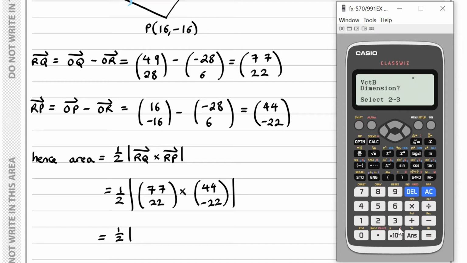Our next vector is 44, minus 22, and multiplying those vectors together, it turns out we get 0, 0, minus 2662k. And of course this makes complete sense that we have 0, 0 for the i and j components and this value for the k component.